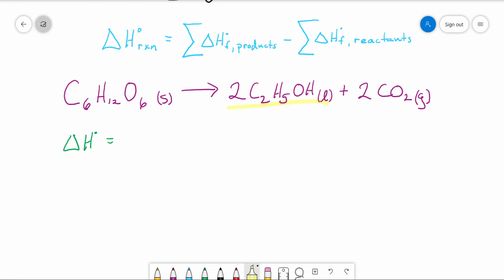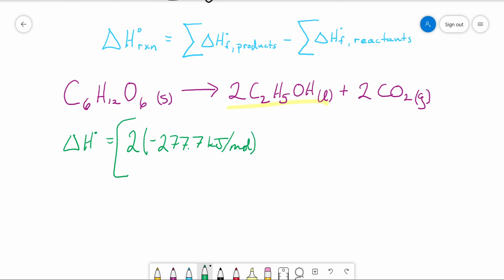We're going to start with the ethanol. So we have two ethanols. I'm going to put this all in big brackets. Two ethanols, and we look up the delta H naught sub F. It's negative 277.7 kilojoules per mole. Okay, and then we'll go to the CO2.